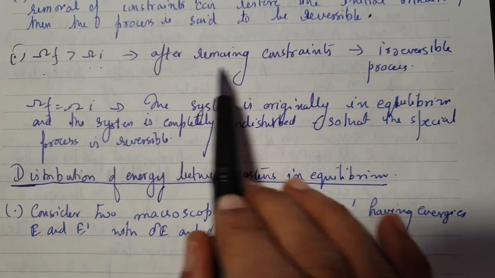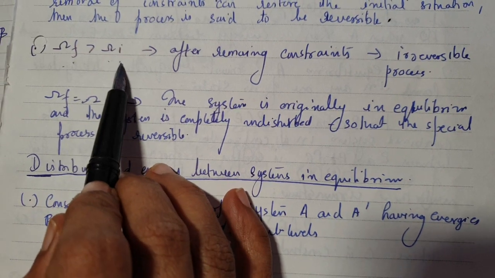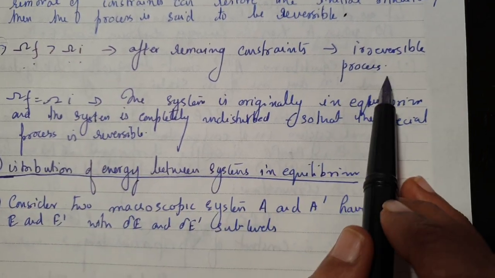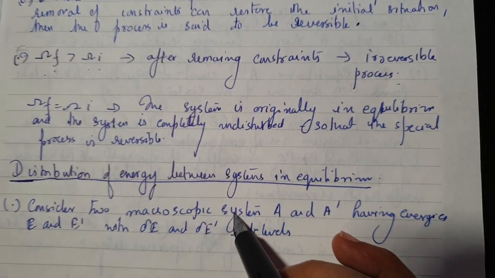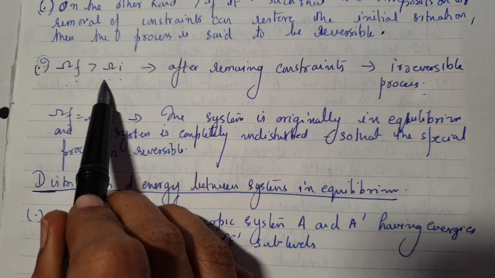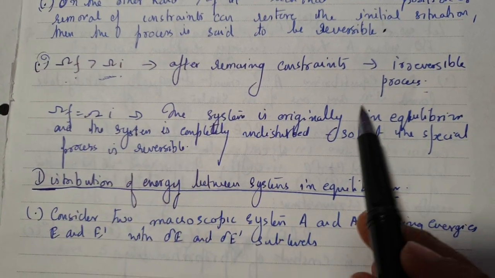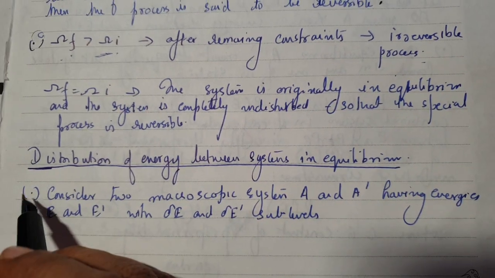If you remove the constraints and the final states are greater than the initial states, then it's an irreversible process. Even though you remove the constraint and also put back the constraint, if the final states are still larger than the initial states, the process is irreversible. It cannot come back to the same thing again.